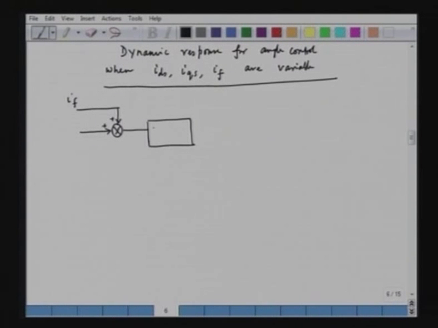So, IKD will come up because these currents change, LMD P by RKD plus LKD P, and this is IKD. And this IKD is added with IF.